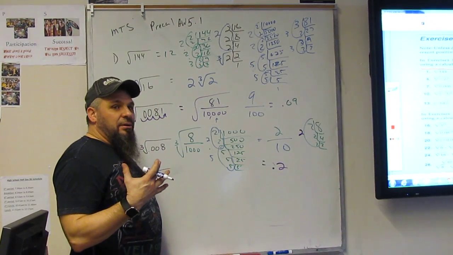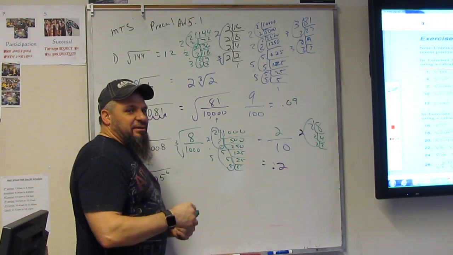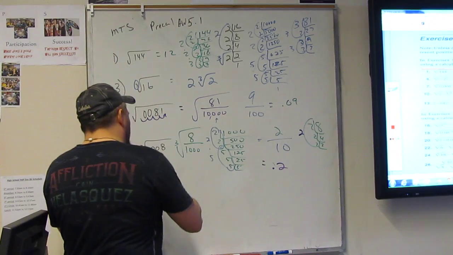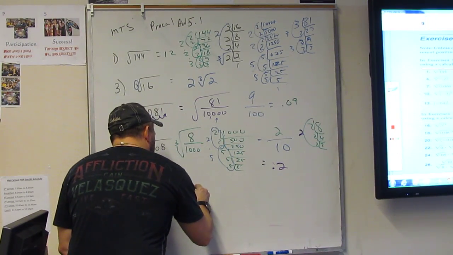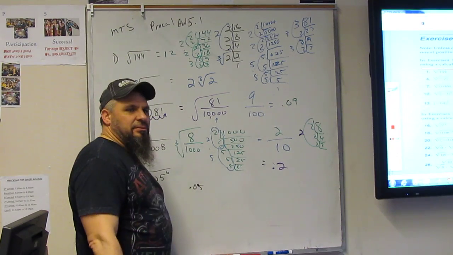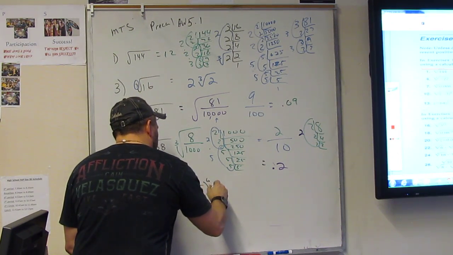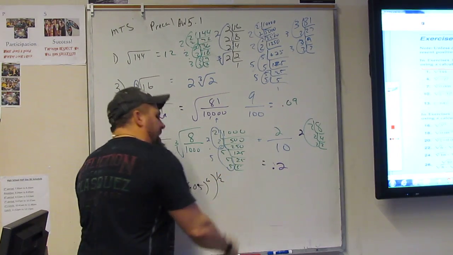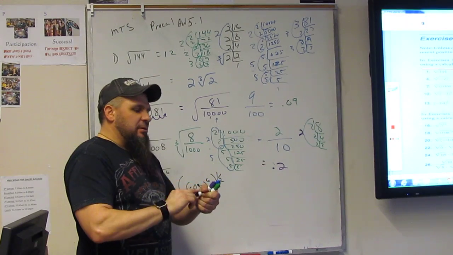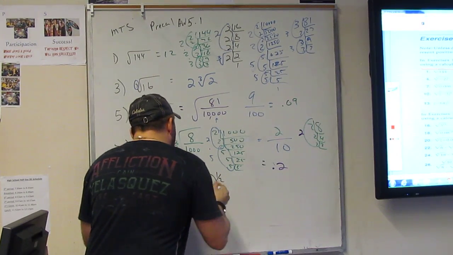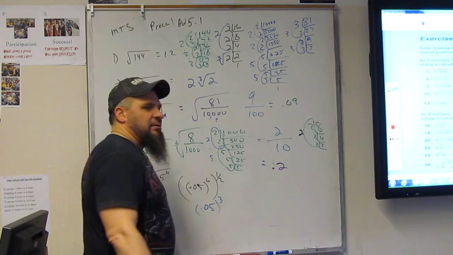How are we doing? Now, this one I'm going to do a little differently. This is really 0.05 raised to the 6 raised to the 1/2. So what's half of 6? 3. So that's 0.05 to the 3rd.